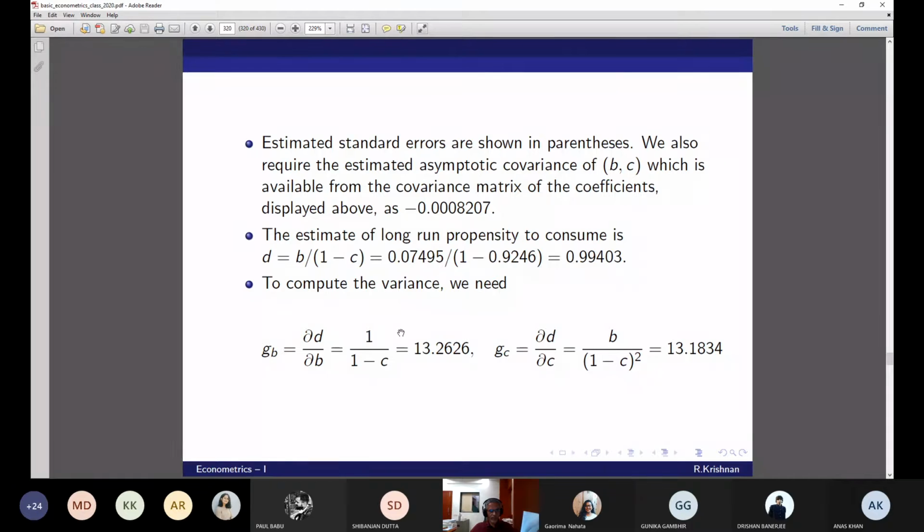How would you calculate the variance of D, from where you have to calculate the standard error? Can you calculate the variance of D? Yes, sir, the delta method.